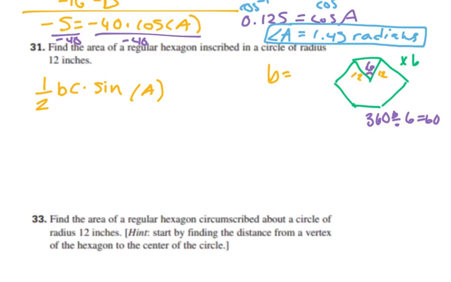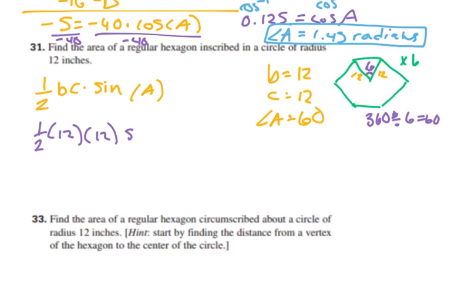So again, B is 12, C is 12, and angle A is 60. So filling that in, we have a half times 12 times 12 times sine of 60. And then whatever we get, we're going to multiply by 6 in order to get the hexagon area.